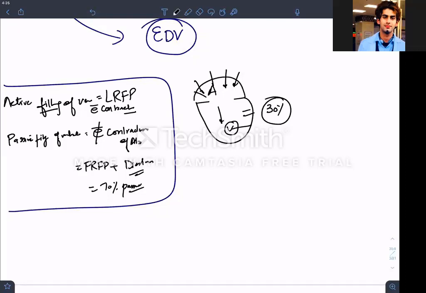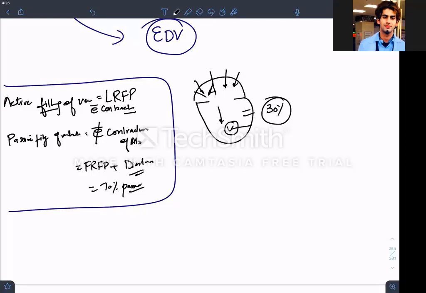Now you tell me, guys, if I increase the heart rate, will I decrease the passive filling of the ventricle or not? So will the atria take charge? Will the atria contribute more blood? That means the atria has to contract.